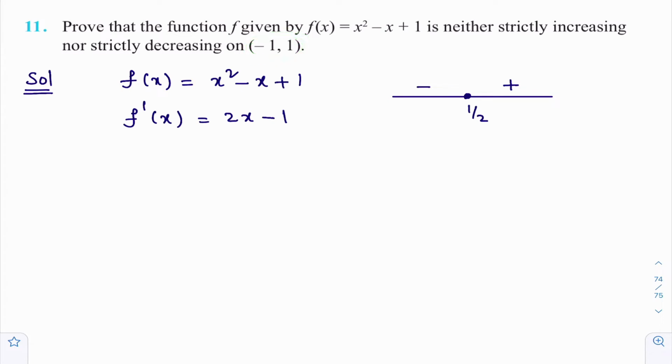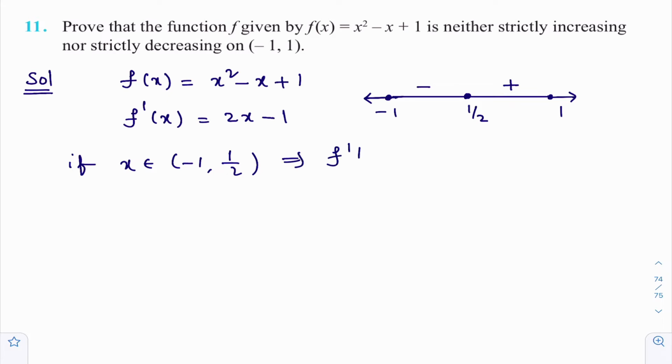You observe the question, open interval minus 1 comma 1 is there. So here somewhere minus 1 will be there and here somewhere 1 will be there. What you identified? In this open interval minus 1 comma 1, this f dash of x is negative as well as positive also.